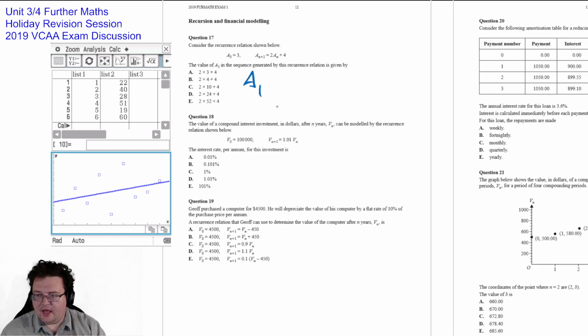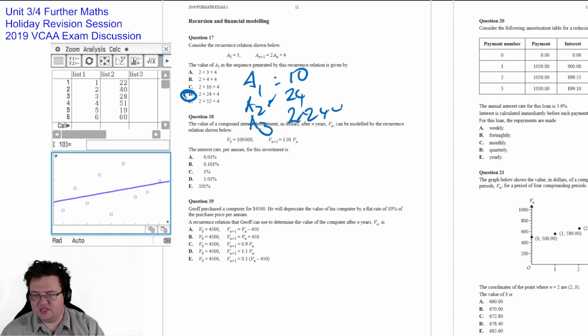A1 is going to be 2 times 3 is 6, plus 4 is 10. A2 is going to be 24. A3 is going to be D, because it's 2 times 24 plus 4. They don't care what it actually is, they just want you to know how to work it out.